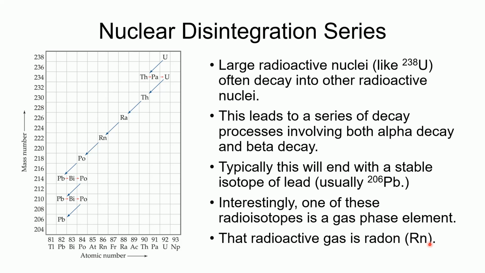So the radioactive gas is radon. So now, what can we do about that? Well, one of the things you can do is stay away from areas that are more likely to have radon in those areas. And you'll find that those tend to be low-lying areas like your basement.